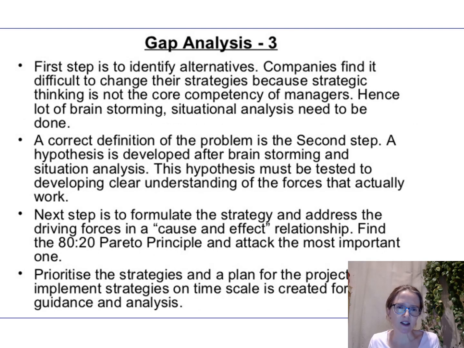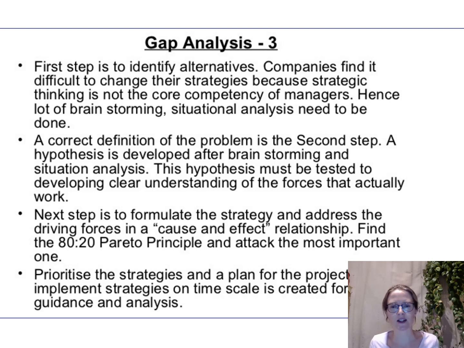So when we're conducting a gap analysis, the first step is to identify alternatives. Companies find it difficult to change their strategies because strategic thinking is not necessarily the core competency of managers. Hence, lots of brainstorming and situational analysis needs to be done. A correct definition of the problem is the second step, and a hypothesis is developed after brainstorming and situational analysis.